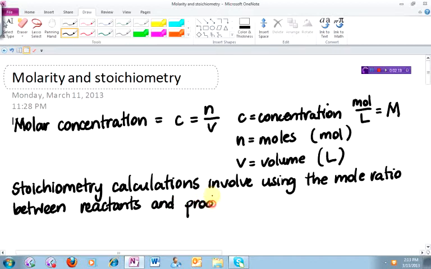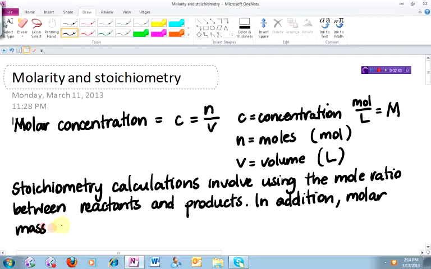And usually we are trying to determine mass, so we also need to look at a molar mass conversion factor, plugging that into our calculation. So these involve using the mole ratio between reactants and products. In addition, molar mass is often required as well.